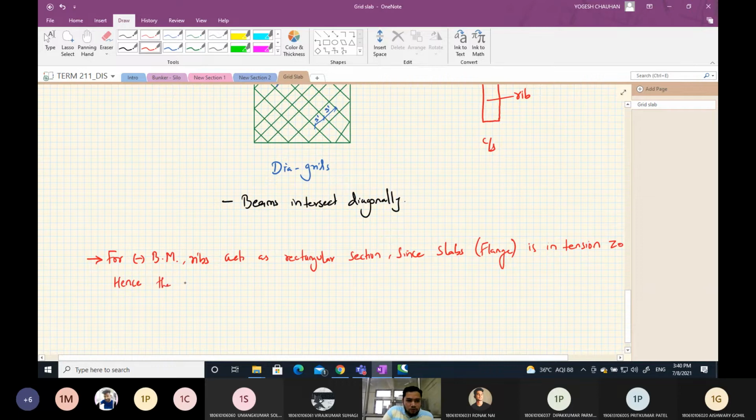Hence the zone near negative bending moment is made of solid slab.